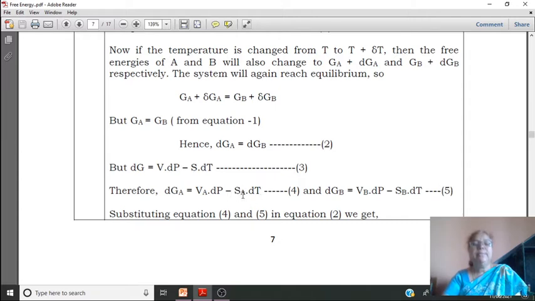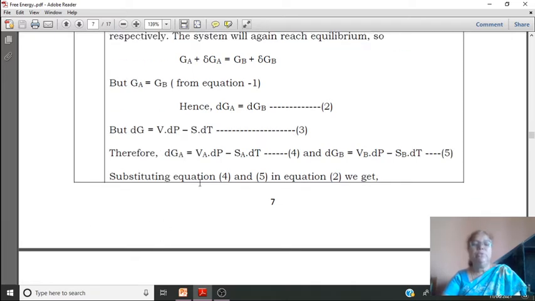This A is our liquid phase, that means volume of liquid into dP minus entropy of liquid into dT. And dGB equals VB dP minus SB dT. This B is the vapor phase, that means volume of vapor into dP minus entropy of vapor into dT. Let it be our expression number 5.